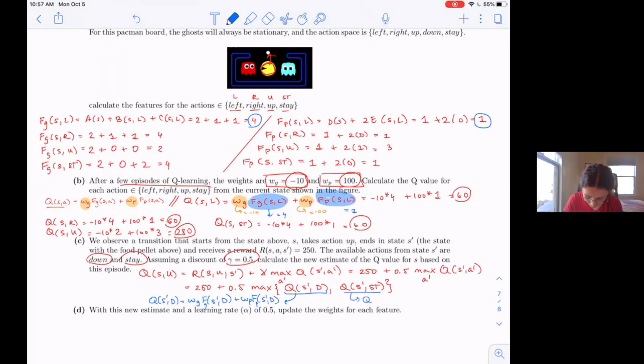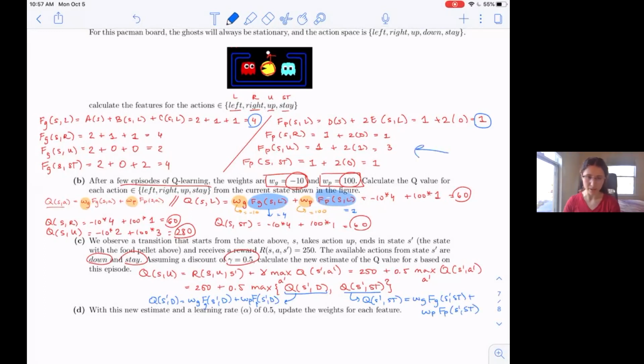And this is going to be the same here, except with the stay action. So we have Q of S prime, stay equals WG times FG of S prime stay plus WP times FP of S prime stay.